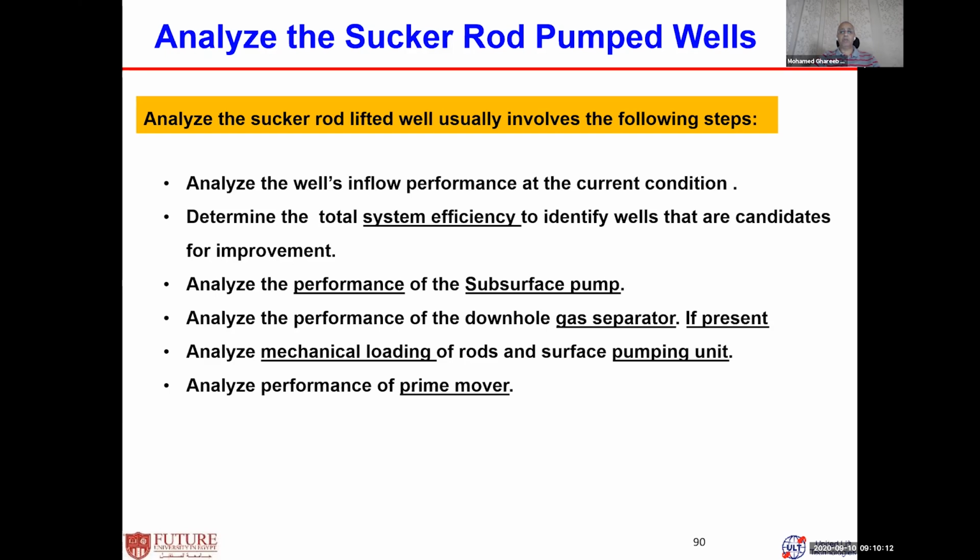If I find my total system efficiency starts to go down, I start to analyze each part. My downhole pumps are working very fine, the rod string is working very fine. Then the problem is in the surface equipment. I start to measure input and output of the surface equipment. Maybe some bearing on the pumping unit has a problem. Maybe the rod string downhole, and so on.